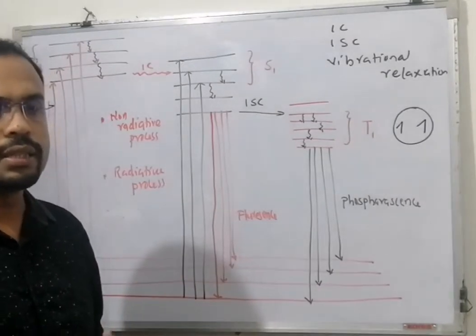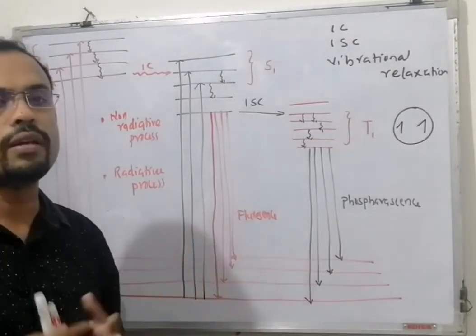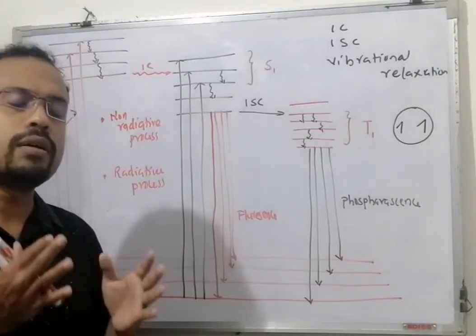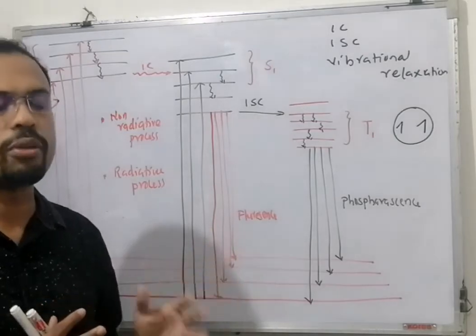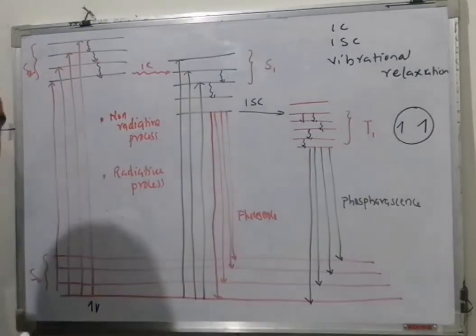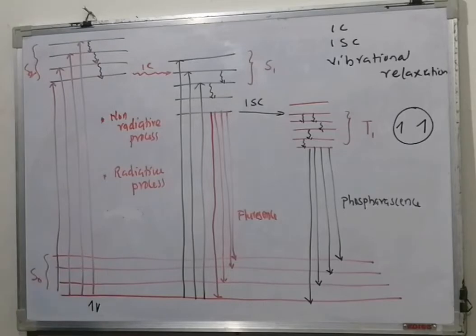We'll discuss that, because during excitation or emission, the spin state should be preserved: singlet to singlet, triplet to triplet, or doublet to doublet. For more details, you can watch that video. Anyway, it goes to any other electronic level, second or first or any other, but it should be singlet.